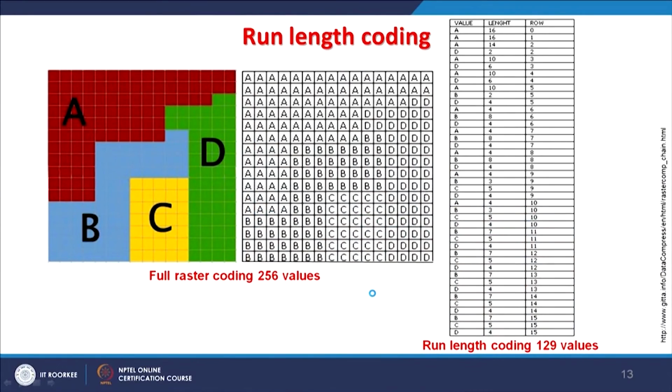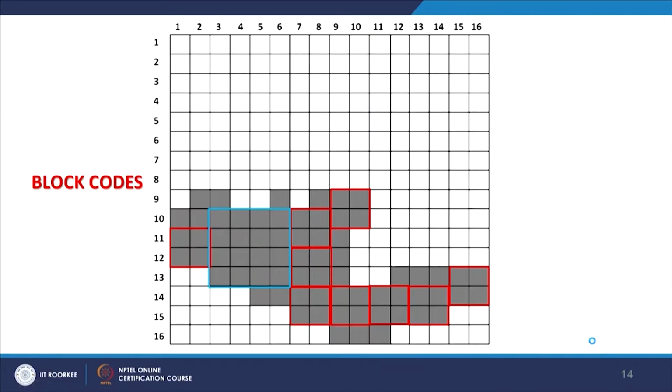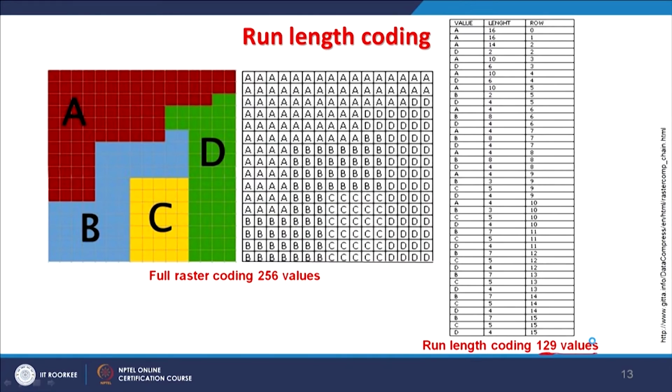Another example of run length coding is given here, where you can have a full coding for this entire image, and a table will store all that information also. So, here the run length coding values are 129 values, instead of 256 values if we store in this raster form.